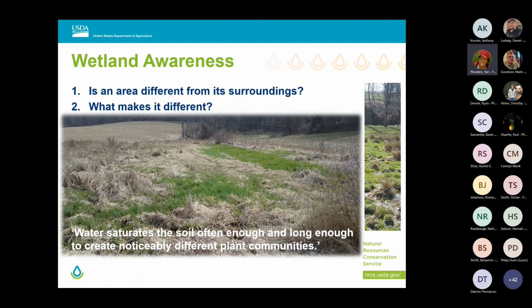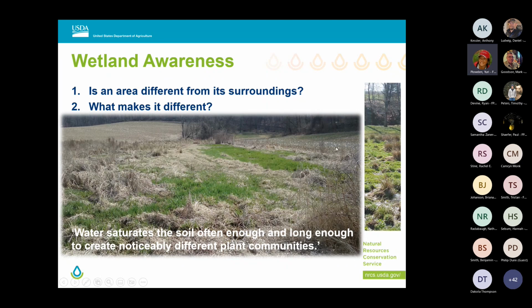Okay, again, is an area different from its surroundings, and what makes it different? Do you guys see a wetland in here? Again, water saturates the soil often enough and long enough to create noticeably different plant communities. There's definitely something going on here. You see this swatch of green, something different. Maybe it's reed canary grass.